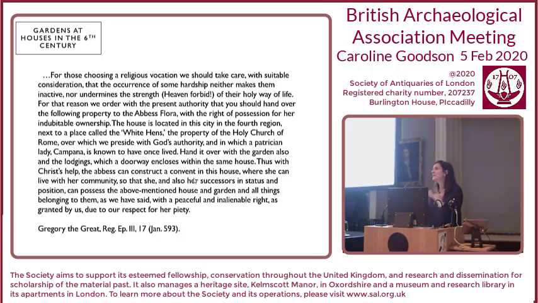So this kind of very small-scale household convent is quite typical. It doesn't get the same glamorous prominence in the development of monasticism as Monte Cassino does, but it's really quite common that these urban houses are given over to communities of men and women, but certainly women.